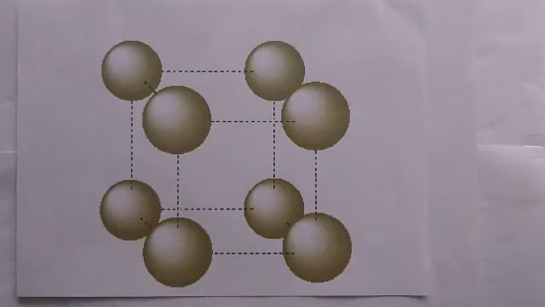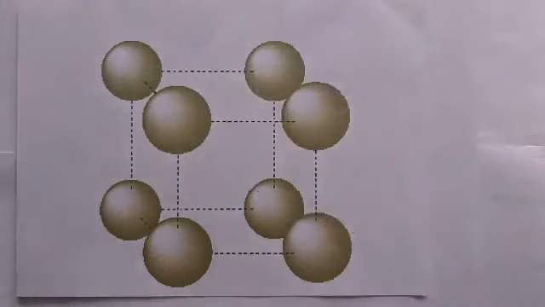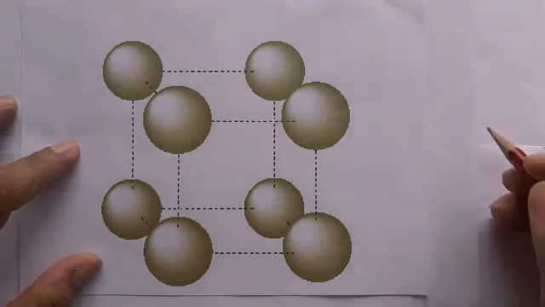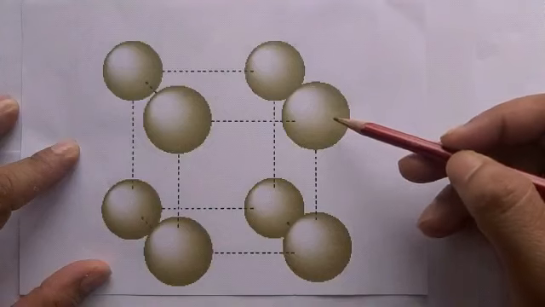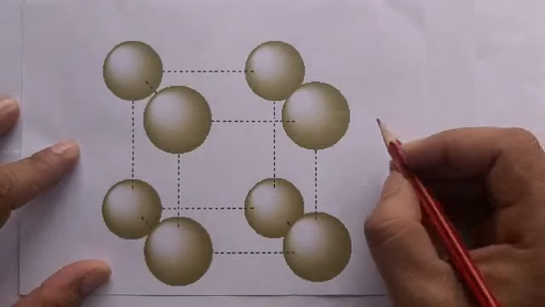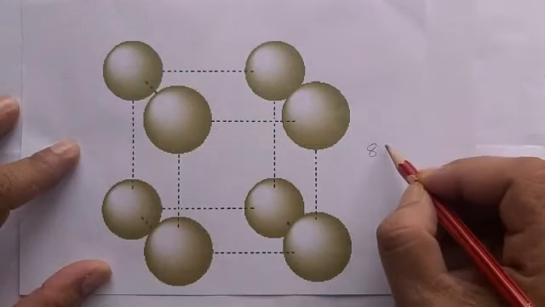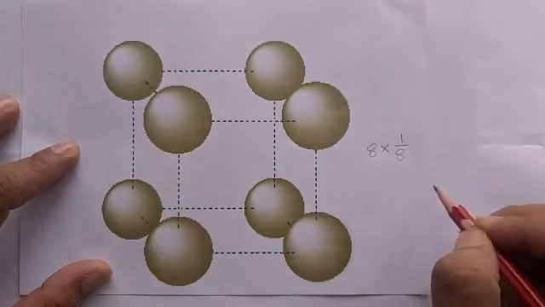So students, this is the simple cubic unit cell, and it has atoms at its corners. We have just counted the contribution by each atom at the corner into a unit cell. So now let's calculate for this structure. This structure has how many atoms? 8 atoms, and each atom is contributing 1/8.